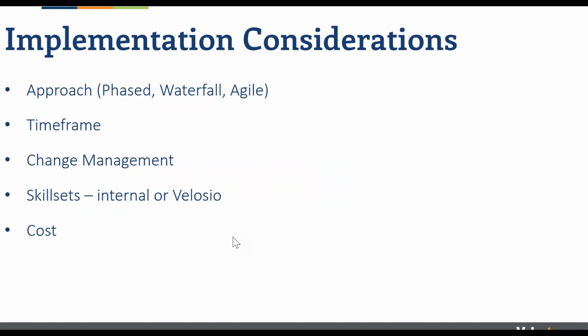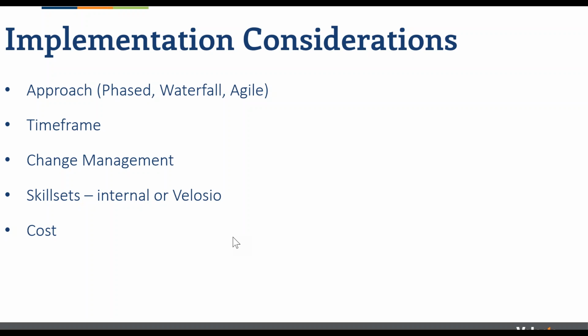All right, so things to consider in an implementation are what type of approach you'll use. Again, we like to use kind of a hybrid between a waterfall and an agile implementation. When I say phase there, what that means is that we bring up different functionality at different times. So maybe for your company, obviously you need your general ledger, AP and AR and sales, purchasing, but fixed assets and budgeting, you're kind of doing those in Excel right now, so you want to move them to 365, but we don't have to necessarily have that on day one.